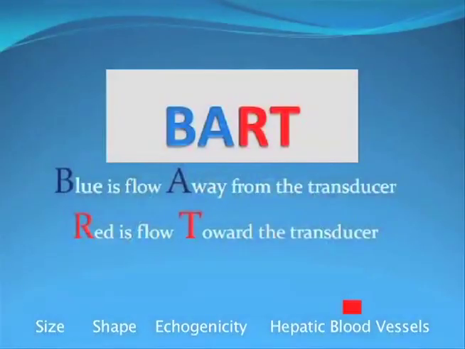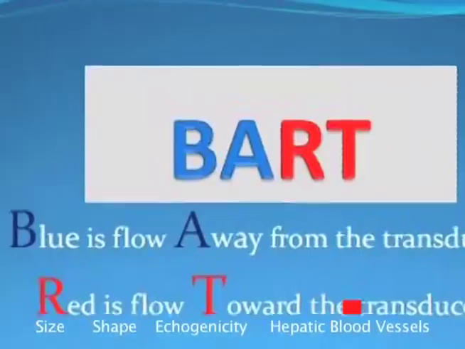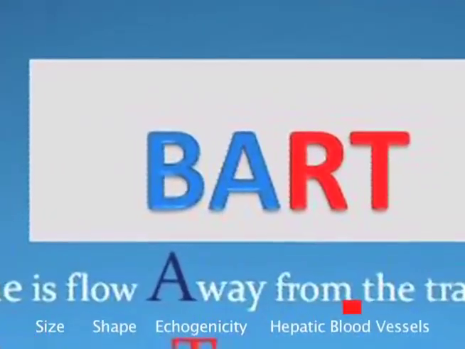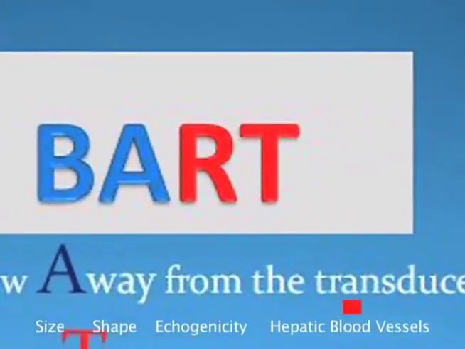The standard color flow map uses the BART system, where movement away from the transducer or down is shown as blue, and movement towards the transducer or up is shown as red. BART: blue away, red towards.